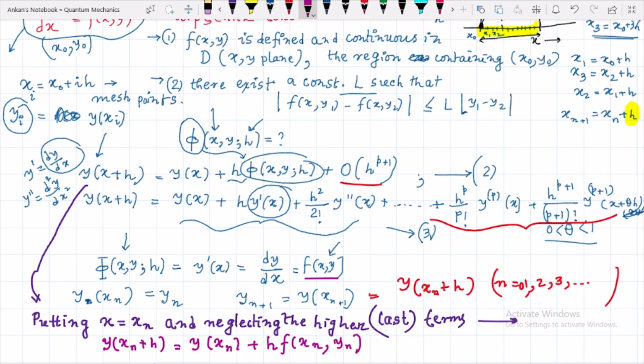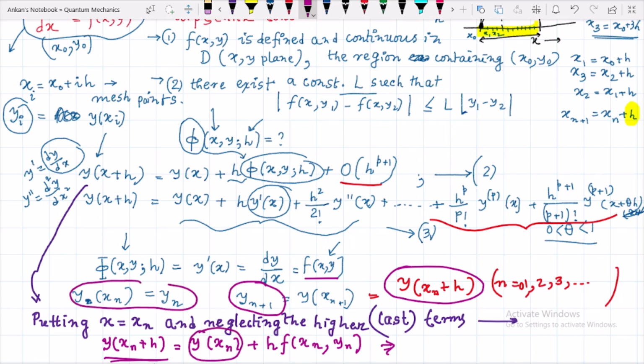Okay, so this is nothing but yn plus 1 from this equation, and this is nothing but yn from this equation. So at last I can write that yn plus 1 is nothing but yn plus h f of xn, yn.